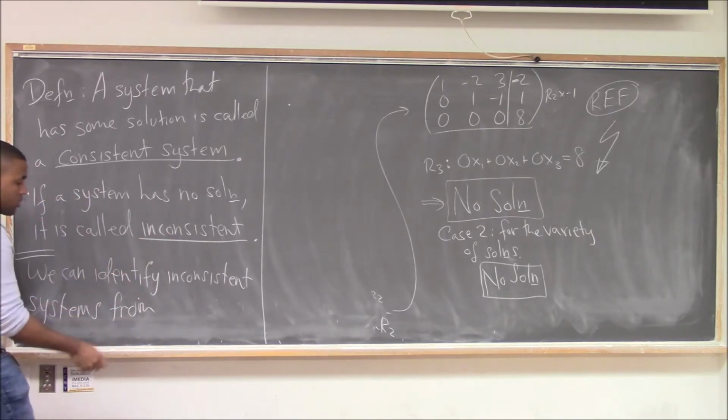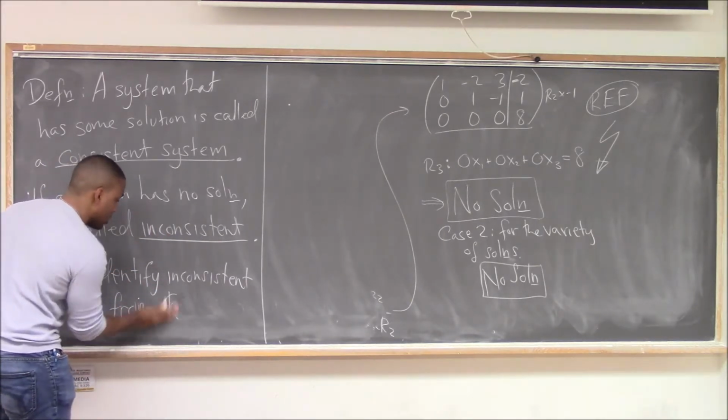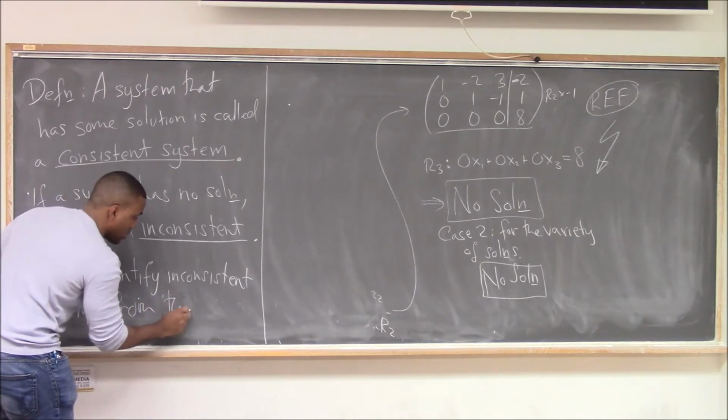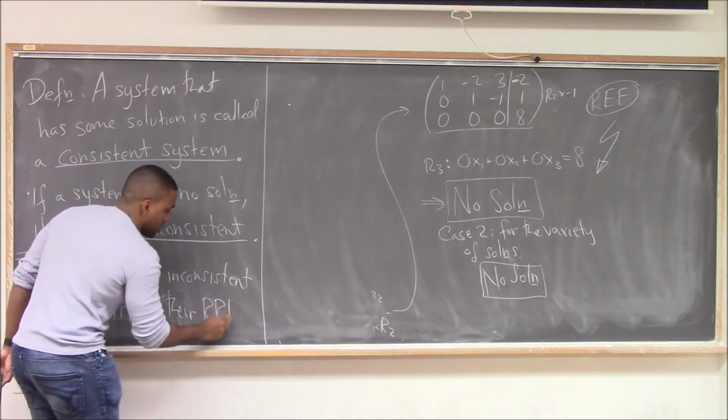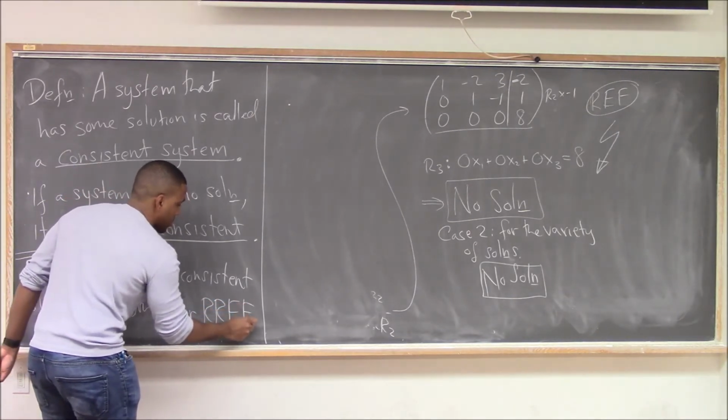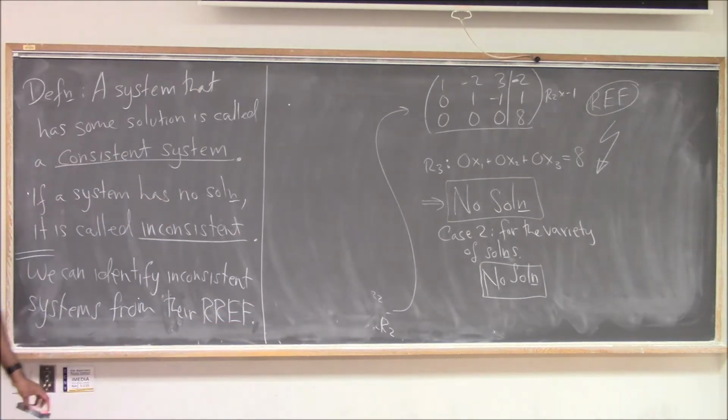Sometimes they're in row echelon form, but especially when they're reduced. We can recognize when a system is inconsistent by its reduced row echelon form.